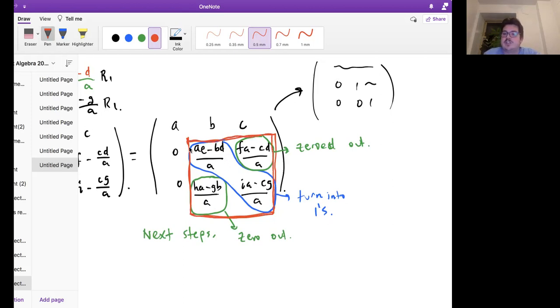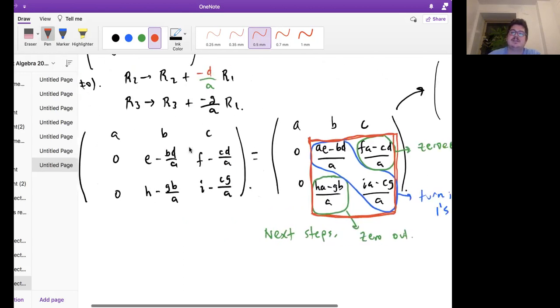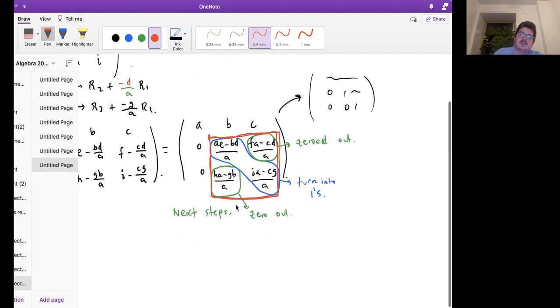What do we call a diagonal matrix with all ones? Identity. Interesting. So the next step is to turn the 2 by 2 into identity. That would be your next step.